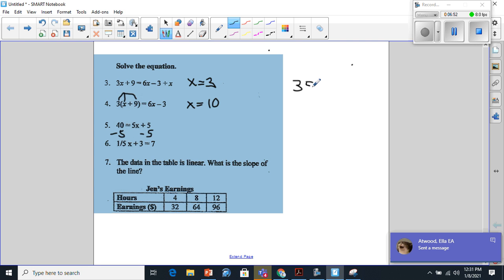Now I've got 35 equals 5x. Well, this seems pretty easy now. I need to isolate x, so I'm going to divide 5 from it. Whatever I divide from one side, I divide from the other. 35 divided by 5 is 7. So that means x must be 7.